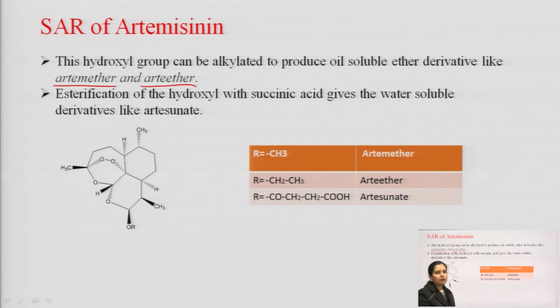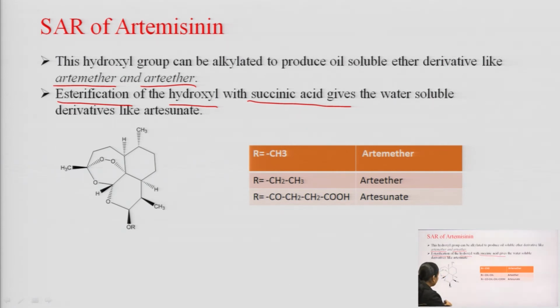These are a few drugs which are more oil soluble because there is a substitution at the hydroxyl group, and from this substitution of the hydroxyl group we produce more lipid soluble drugs. We will see esterification of the hydroxyl group with succinic acid gives water soluble derivatives like artesunate.